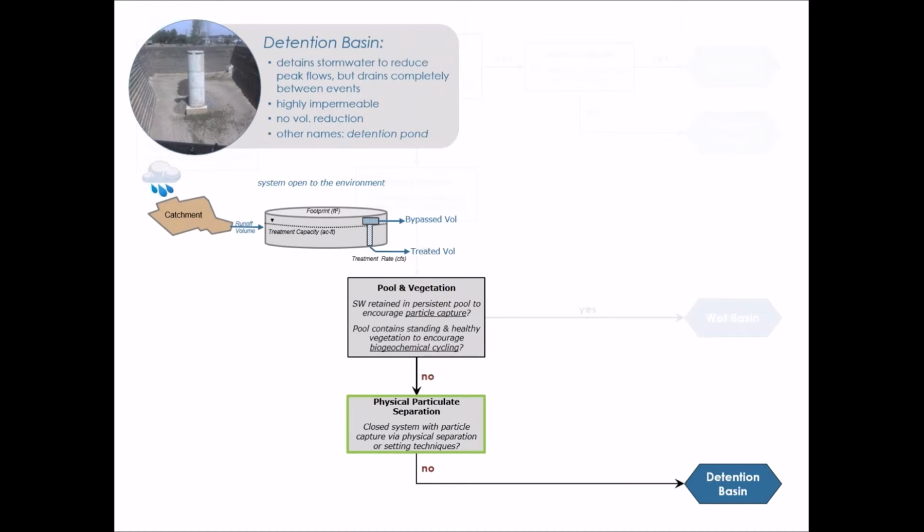Detention basins are flow-through basins designed to detain stormwater runoff for some minimum time in order to reduce peak flows. They are designed to completely drain between storm events, but little to no volume loss occurs via infiltration due to an impervious or highly impermeable base. Depending on design of flow paths and drawdown times, particle capture via settling may occur.